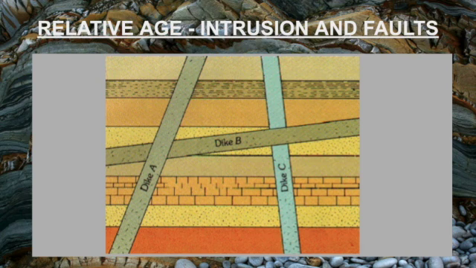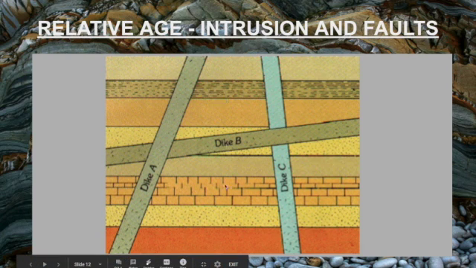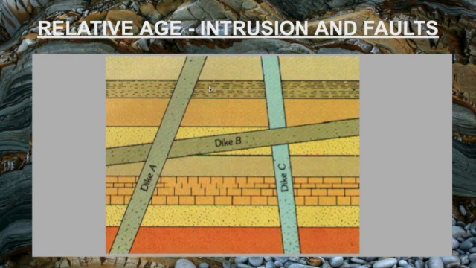So when I look at this crazy mess here, okay, none of these other rock layers are labeled, but I know that every single one of these horizontal layers, for the most part, is older than these intrusions that are cutting through. And from there, you just have to see, well, what's on top of what? And it looks like A is on top of B, and B is on top of C, so A would be the youngest, B would be in the middle, and C would be the oldest of those intrusions.